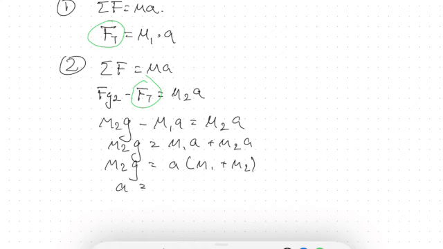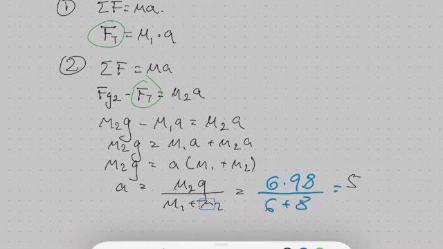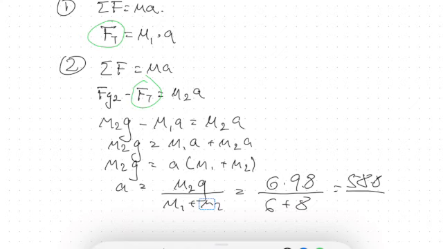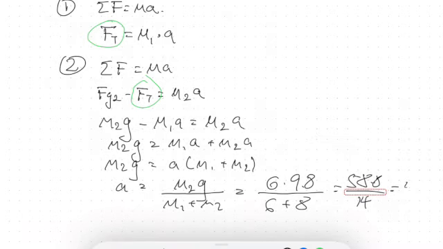So a will be m2g over m1 plus m2. m2 was my 6 kilogram block, over 6 plus 8. That's 58.8 over 14. That's 4.2 meters per second squared.